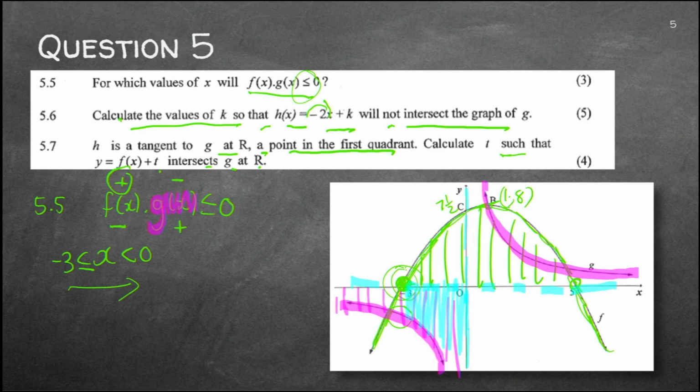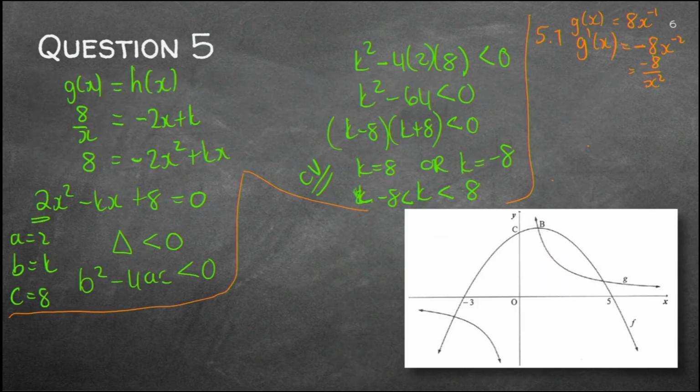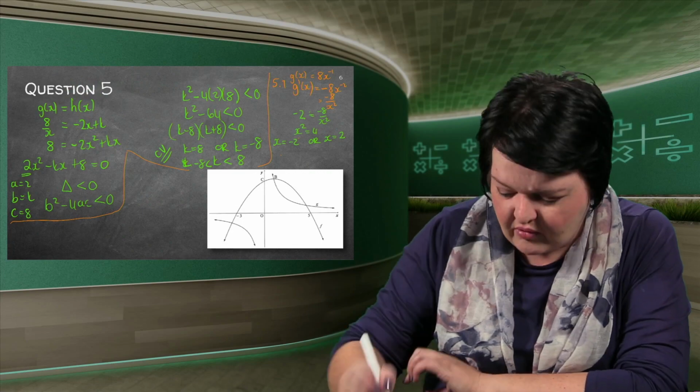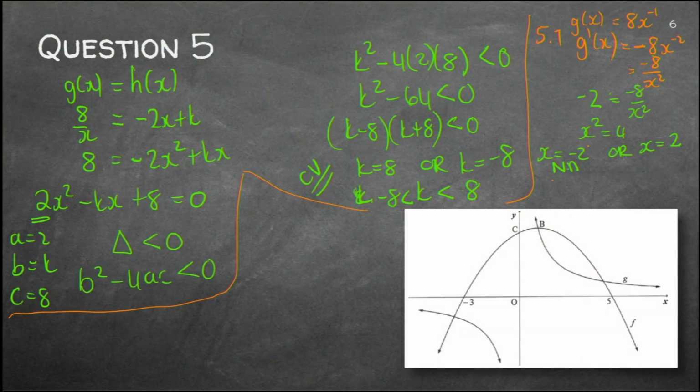So let's go back. First quadrant value, yes, put it equal to -2. And we'll get -8 over x squared. You'll get x squared is equal to 4. So x is equal to -2 or x is equal to 2. Because they specifically said first quadrant, the -2 is not applicable. So I'm at x equal to 2.